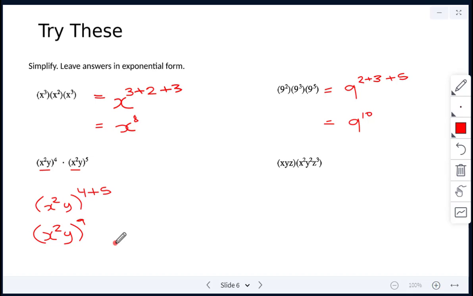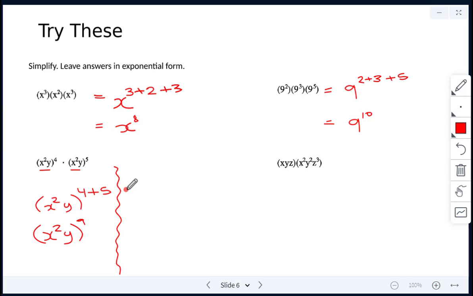Now, if we were to simplify this much further, there is another law we're going to learn about. It's called the power of a power law, but I'm not going to show that because we haven't learned that yet. But if we were to write this out fully expanded, we have to remember that the x squared y here is to the power of 4.